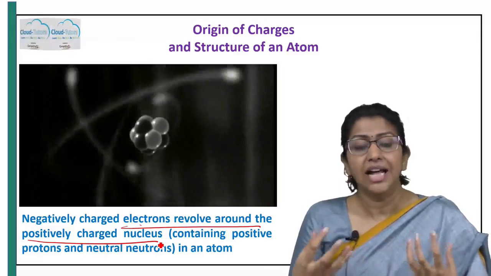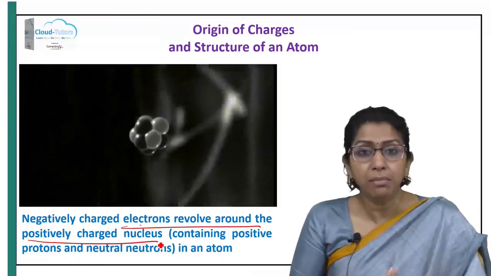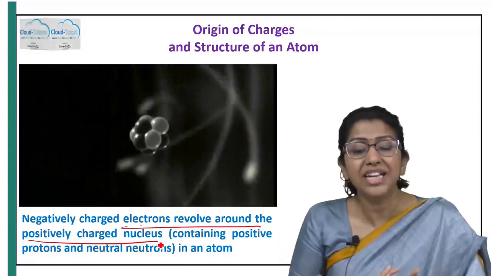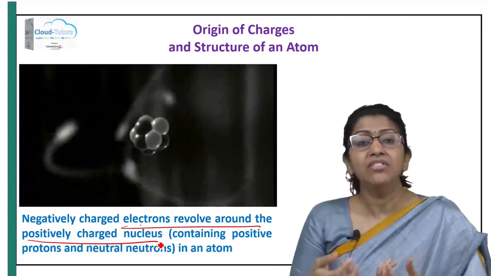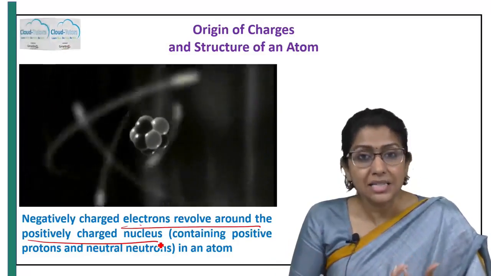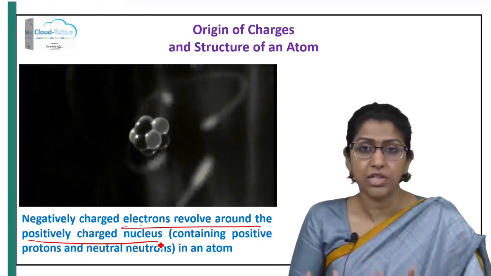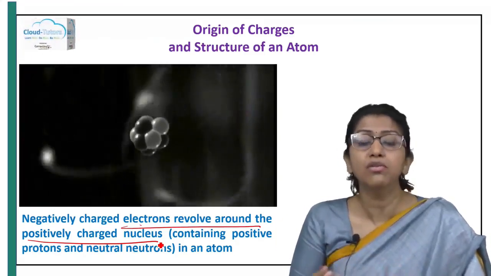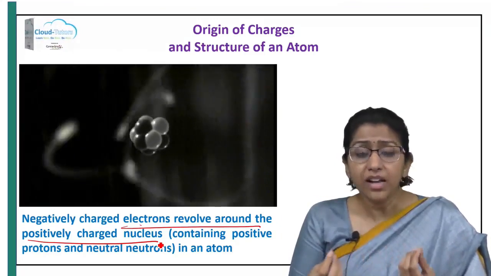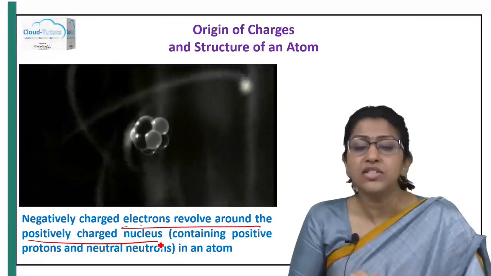Now, when an atom is in a stable state, the amount of positive charge and the amount of negative charge are balancing each other, right? Now, when there is an imbalance in the amount of charges, we cannot do anything to the number of protons because they are inside the nucleus, and it is very, very difficult to remove the protons or neutrons from the nucleus.